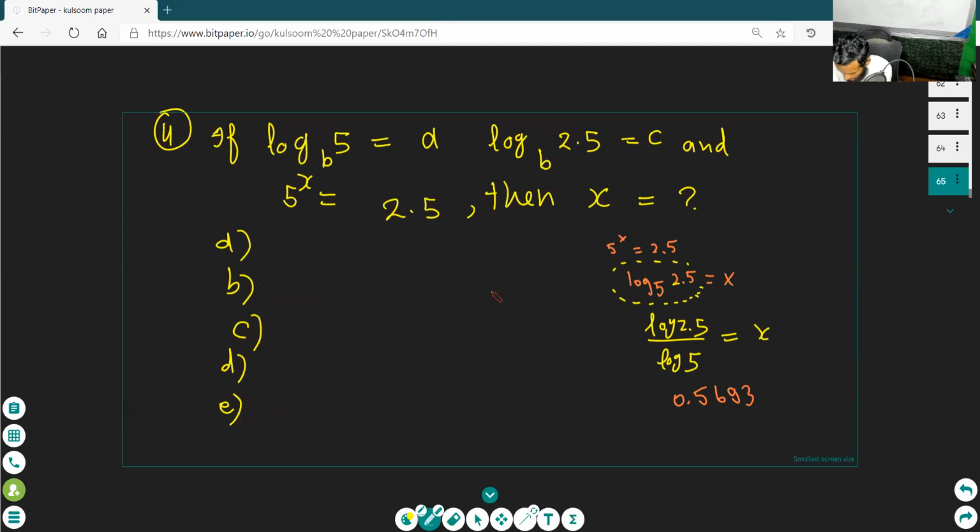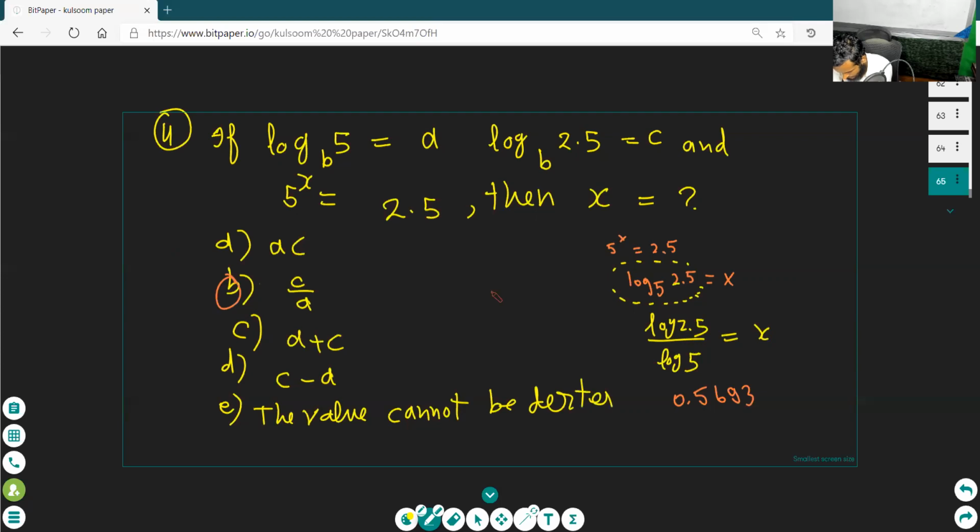You should not write the answer as a decimal. Our options are AC, C upon A, A plus C, and C minus A. Okay, the value cannot be determined from the information.